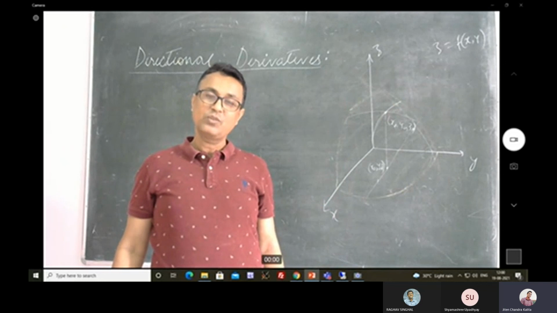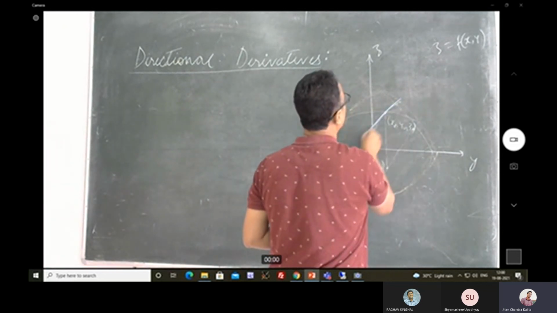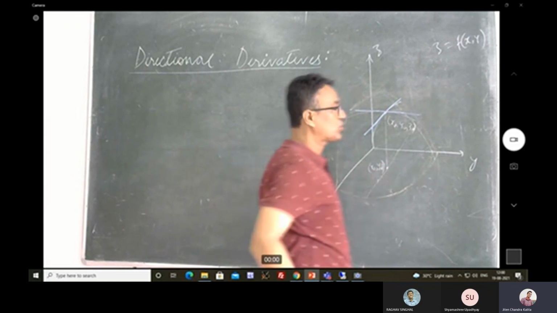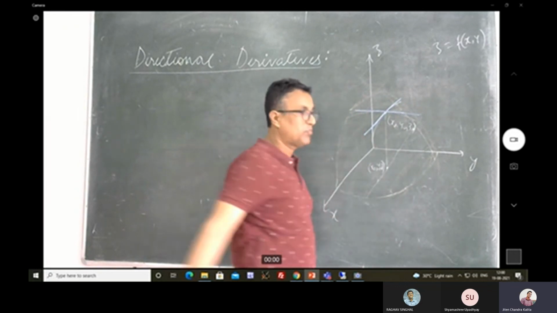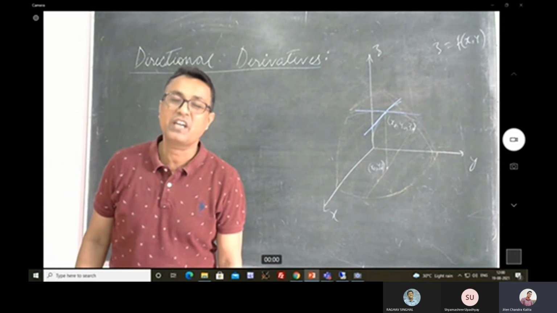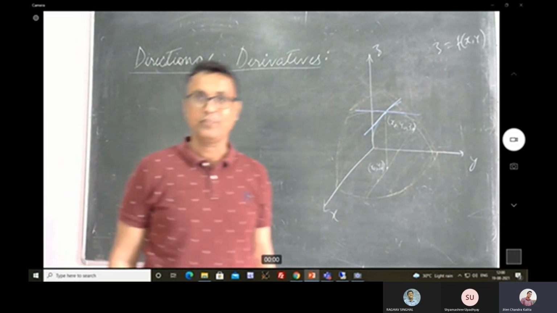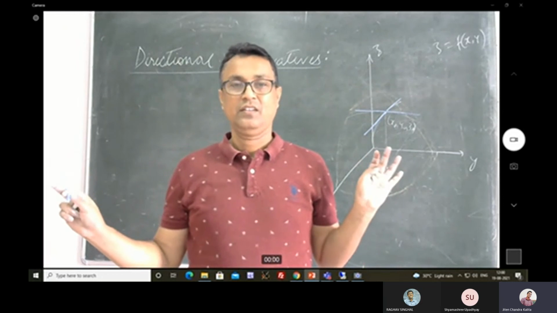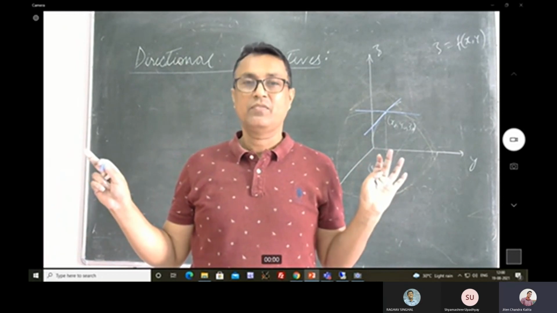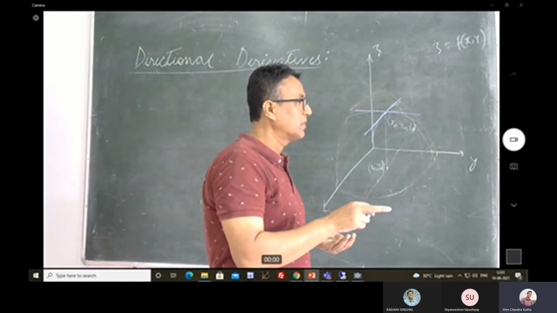And then what you did, you simply drew tangents along those two curves at that particular point, and the slopes of those tangents became the partial derivatives with respect to x and with respect to y. Is it okay? So this is the knowledge we have, isn't it? Right? Yes.